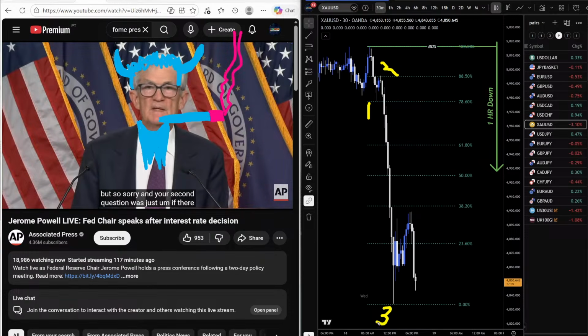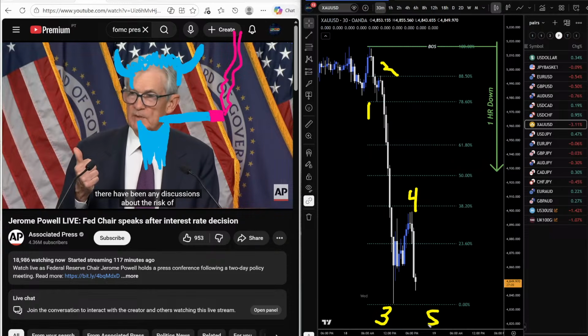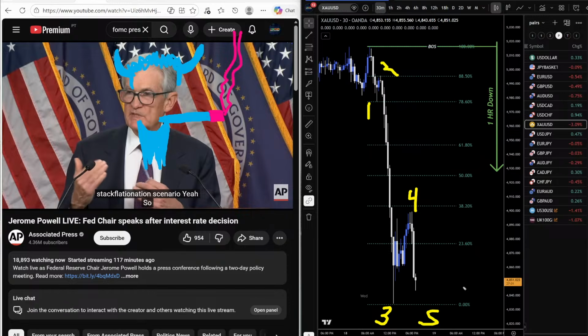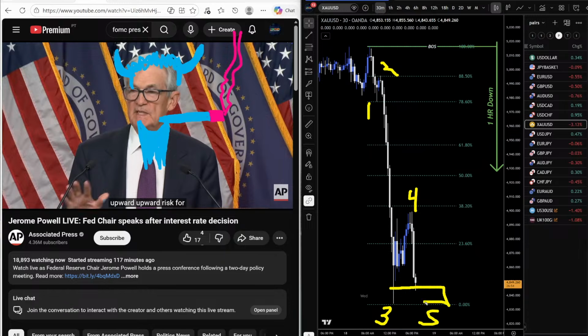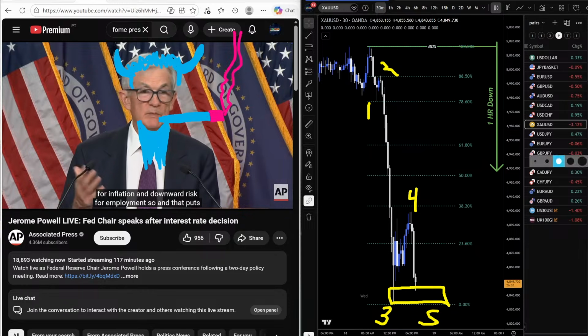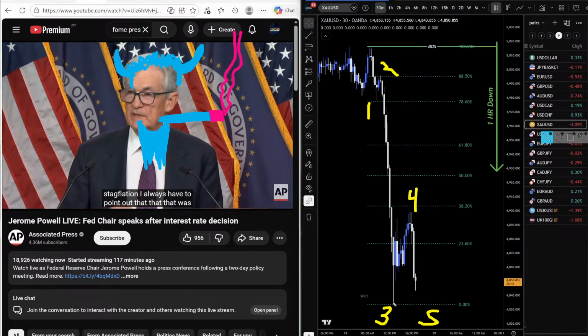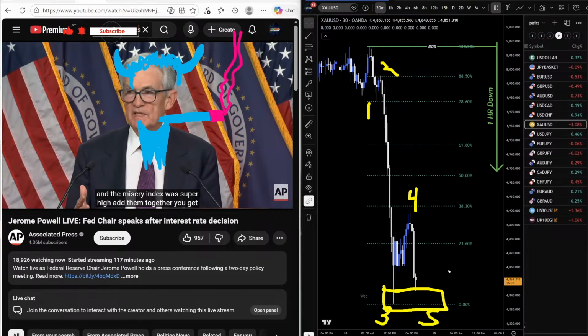Yeah, so as I mentioned, there's tension between the two goals, right? The upward risk for inflation and downward risk for employment. So that puts us in a different situation. When we use the term stagflation, I always have to point out that was a 1970s term at a time when unemployment was in double figures. Inflation was super high. Add them together, you get the misery index, and that's not the case right now. We actually have unemployment really close to longer run normal, and we have inflation that's 1 percentage point above that.